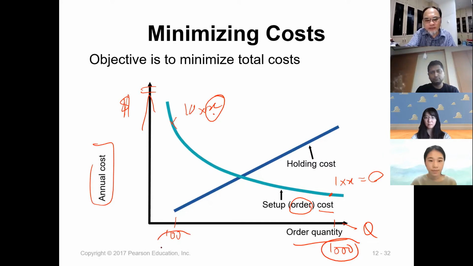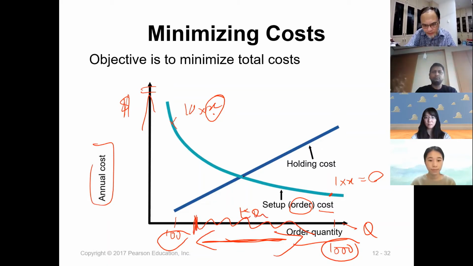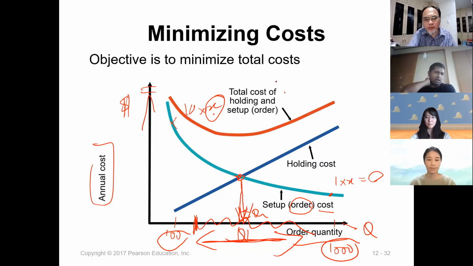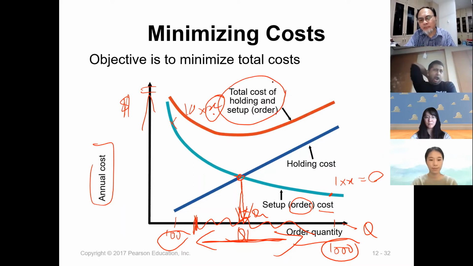So this is your economic order quantity. Where is your EOQ? This is the so-called EOQ, the optimum, whereby you minimize the total cost, and the total cost is holding plus order cost.